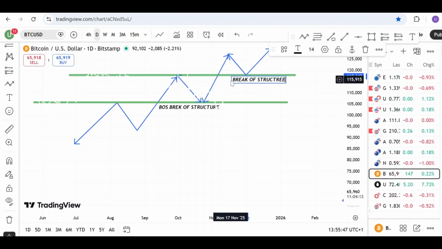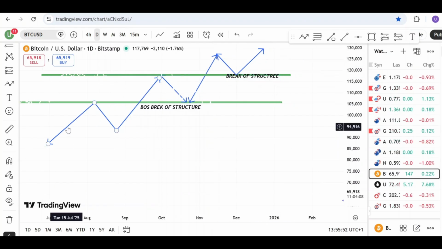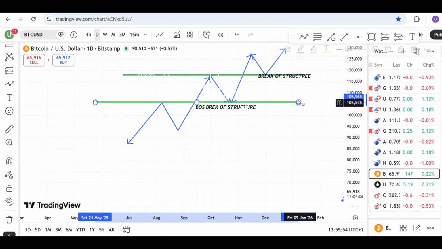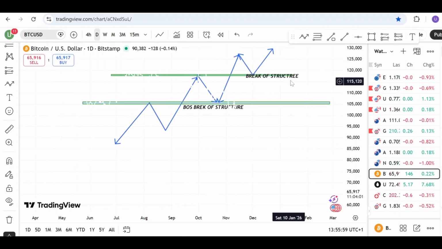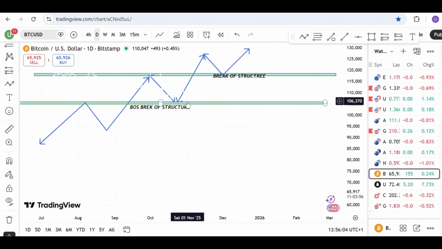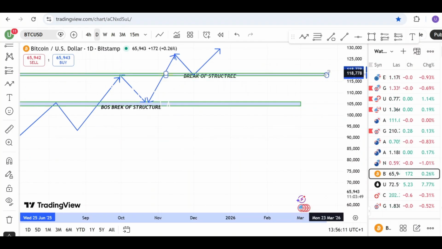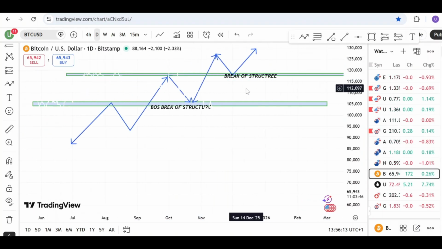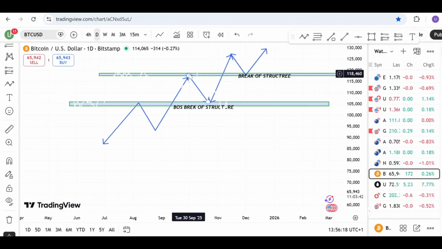In an uptrend, this zone is called the support, or this level where the pullback happens is called the support on the uptrend. Okay, this is called higher high, this is called lower low.